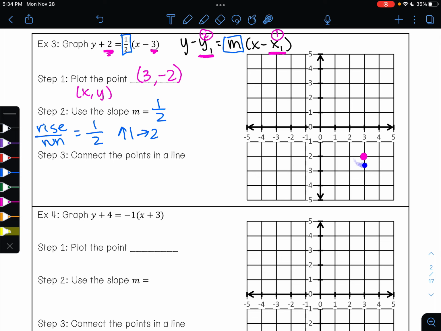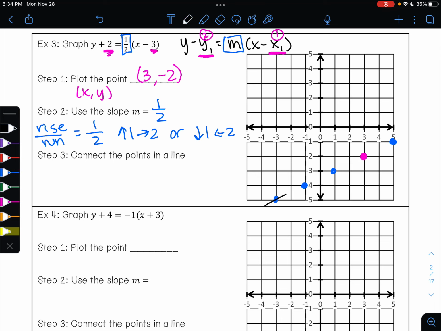So from our starting point, up 1, right 2. I could also go down 1 and left 2. So from my starting point, down 1, left 2.